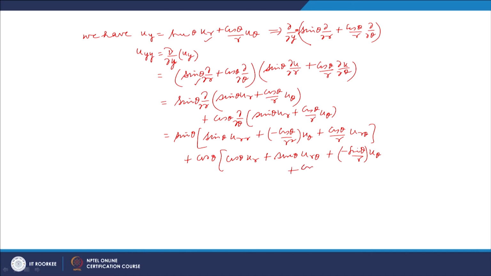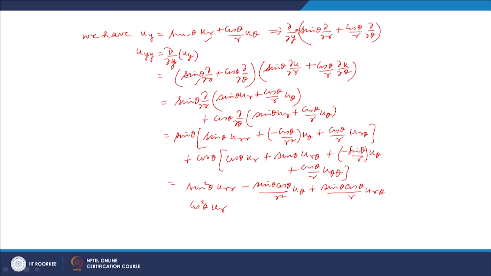So we get cos theta over r into u theta theta. So we can get here sin square theta u r r minus sin theta cos theta over r square u theta, then sin theta cos theta by r u r theta, and then cos square theta u r, then sin theta cos theta u r theta.